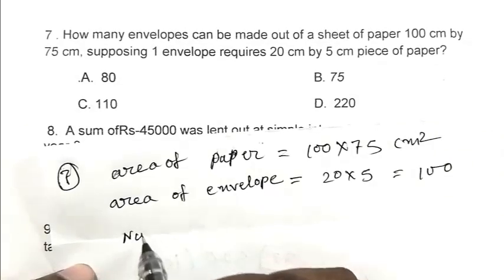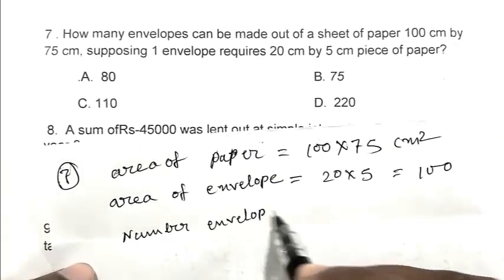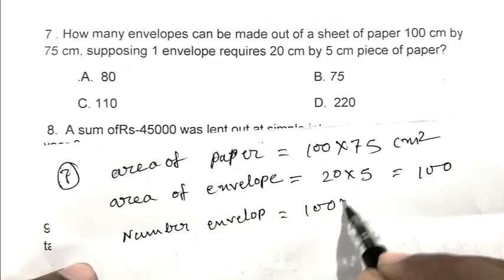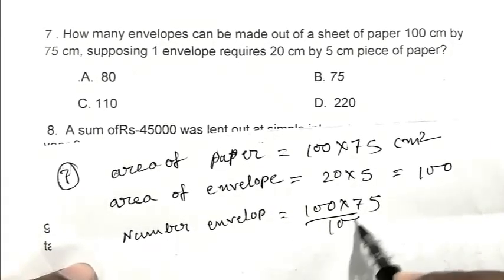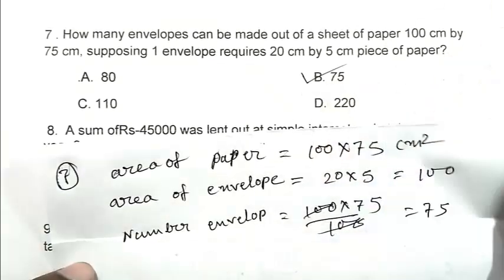So the number of envelopes is 100 into 75 by 100, that is 75. So B is the right answer.